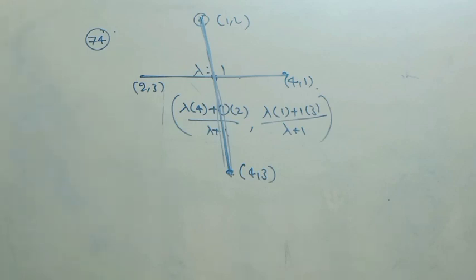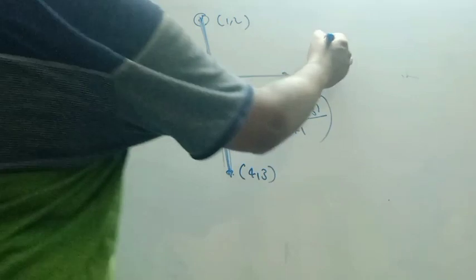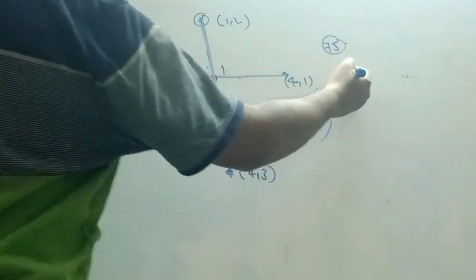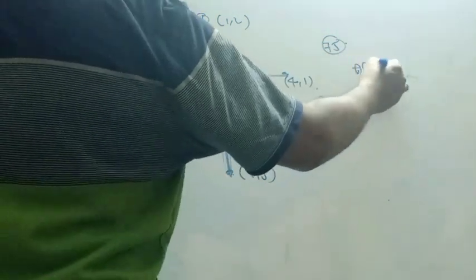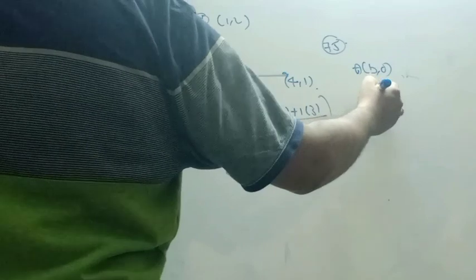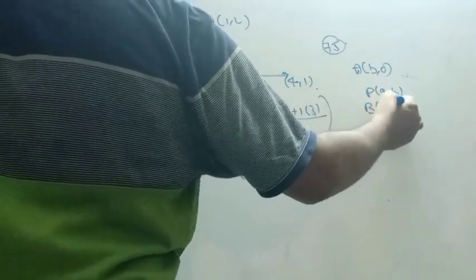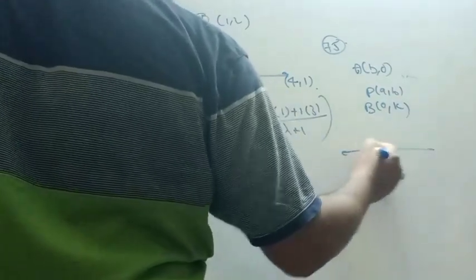And also the 75th problem they have given here. Very easily you can do. They have given 3 collinear points, (a, 0), (h, k) and (0, b). They all lie on a line, that means they are all collinear.